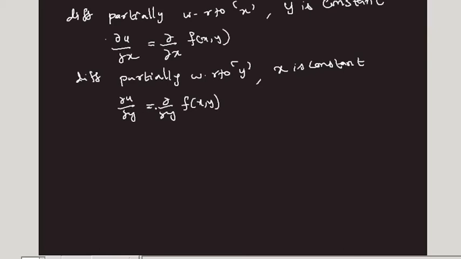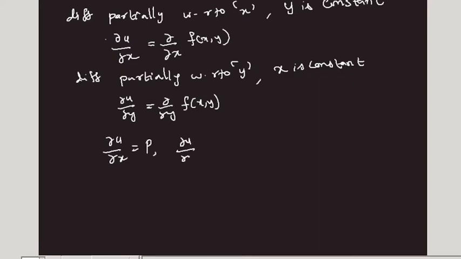So here we do some problems for understanding. Before that, we remember some of the terms. When differentiating with respect to x partially, dou u by dou x is nothing but p.